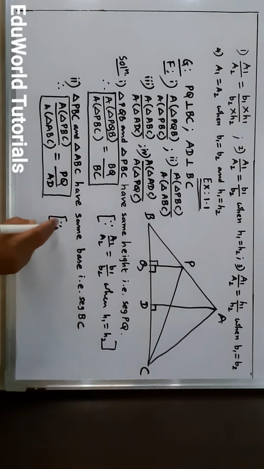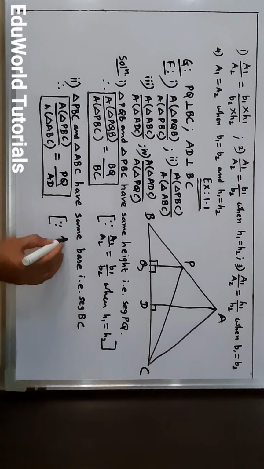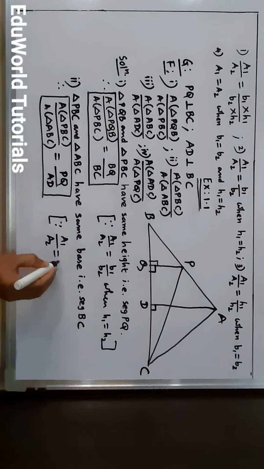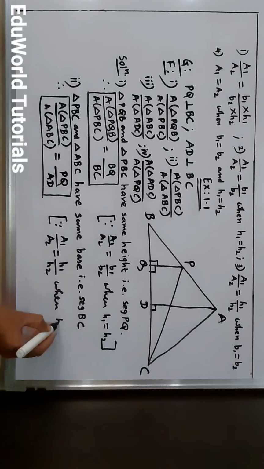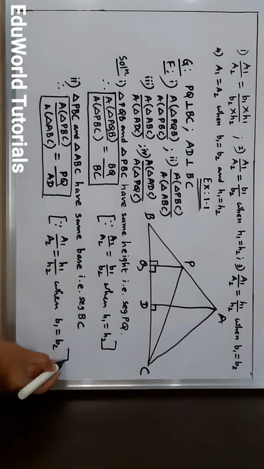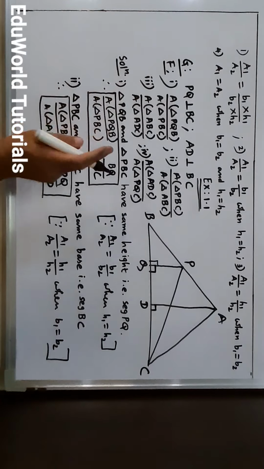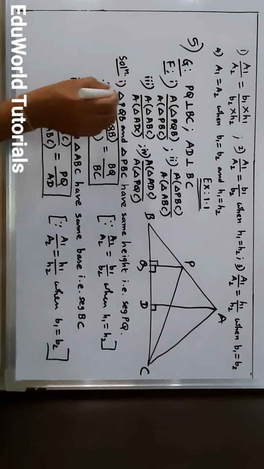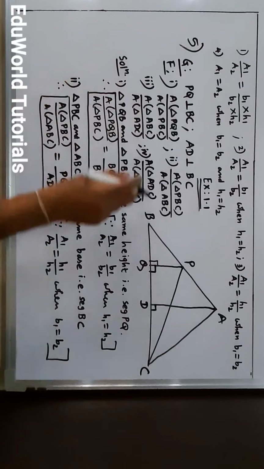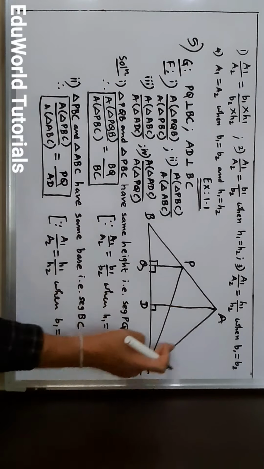And in this part, what you have to write? A1 upon A2 is equal to H1 upon H2 when bases are equal, B1 is equal to B2. So the two sums we have done in this fifth sum. Okay, two more are there. Area of triangle ABC. See that area of triangle ABC.